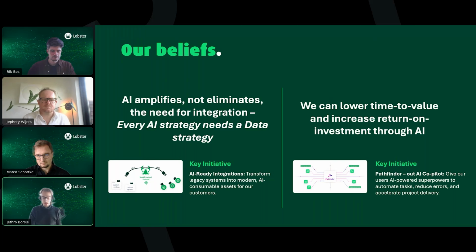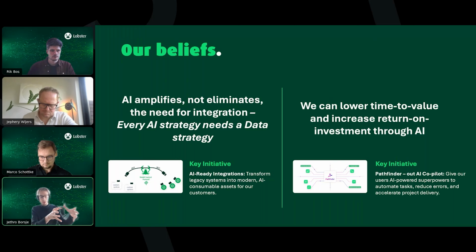And what you will see happening over the next months is that we will keep investing in Pathfinder and make it more and more powerful. It's really this Copilot, or this buddy, which sits there in the platform, helping our customers, our users, to build faster and easier with the Lobster Data Platform. So that's the Copilot called Pathfinder, and I think there's a lot of opportunity there over the next months and years to come.